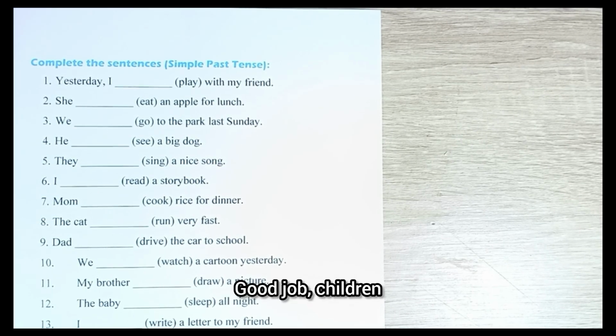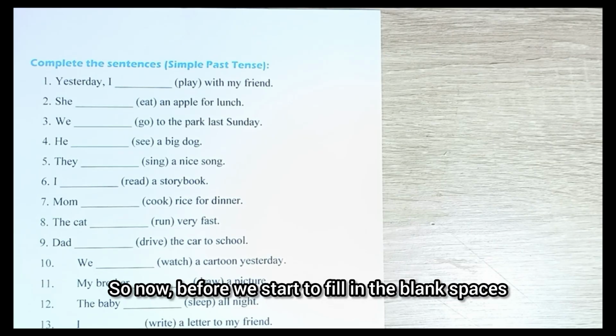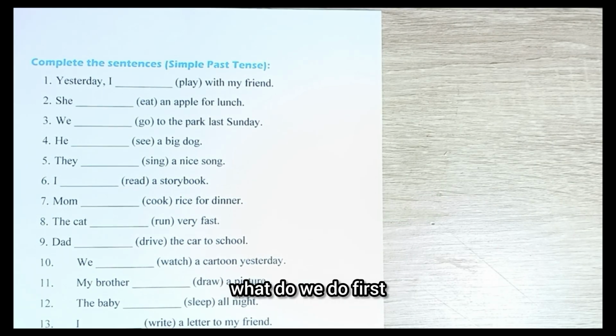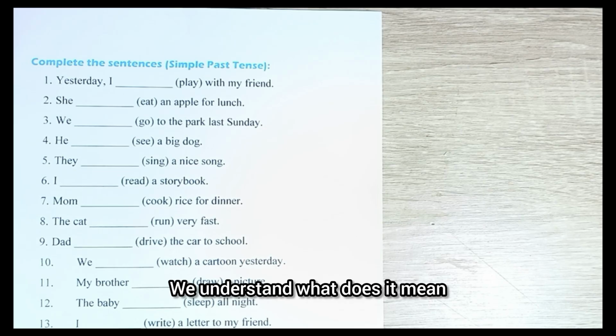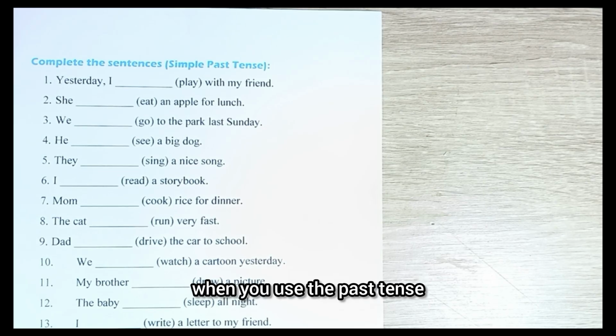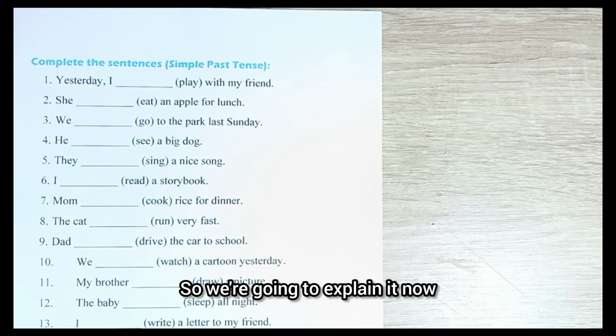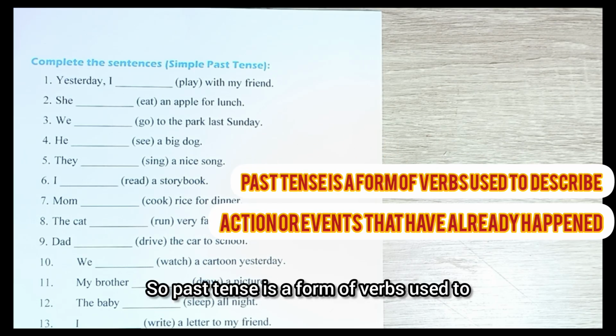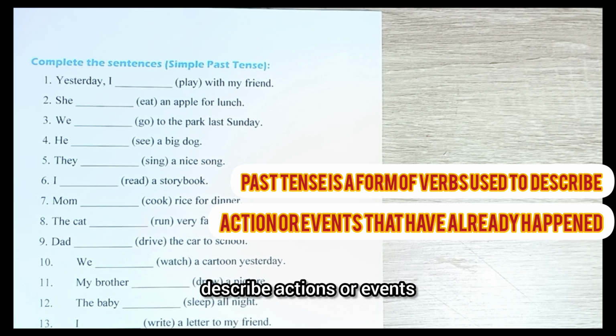Good job, children. So now, before we start to fill in the blank spaces, what do we do first? We understand what it means to use the past tense, or when to use the past tense. So we're going to explain it now. Past tense is a form of verbs used to describe actions or events that have already happened.